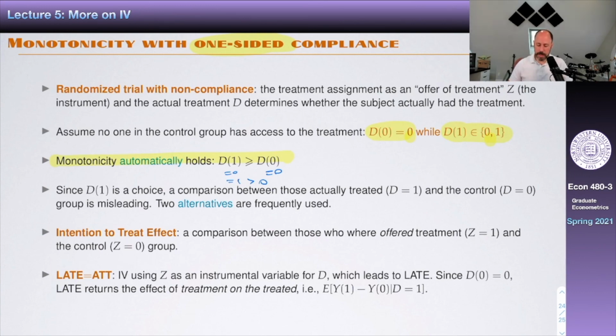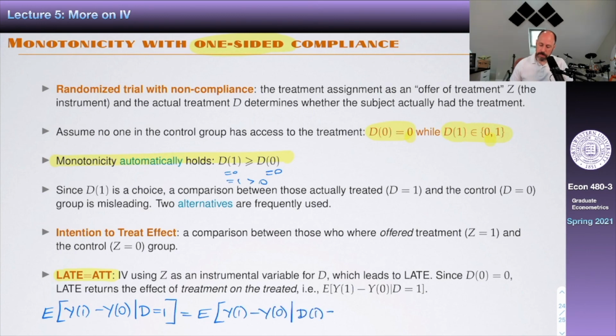That's a parameter that people sometimes report. And the other option is the LATE parameter, which in this case is just the average treatment effect on the treated. To see this, notice that the average treatment effect on the treated is just the expected value of Y1 minus Y0 conditional on D equal to 1. But if D equals 1, then it has to be that D1 is the one that equals 1, and remember that D0 is always 0.